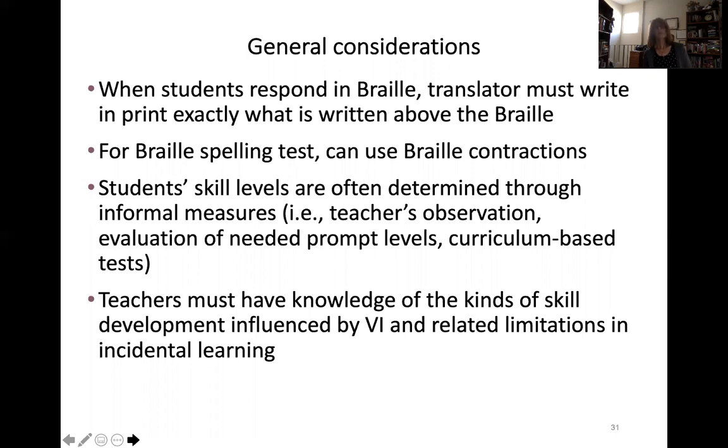And teachers have to have that knowledge of the kind of skill development. And that's where dealing with the visual impairment specialist or other related service people really is super important. Because again, it has to do with some of that skill level because of the incidental learning that these kids may or may not be able to take cues from.